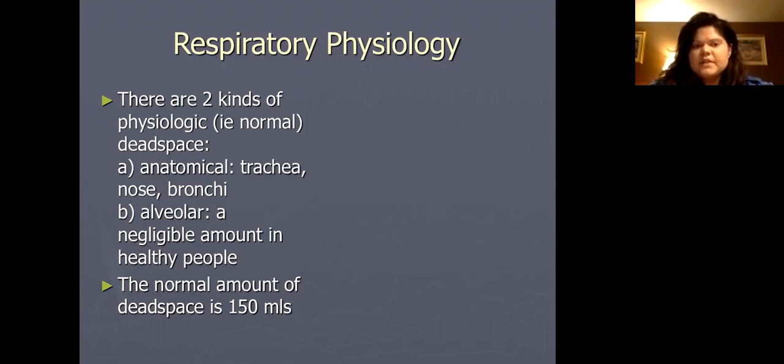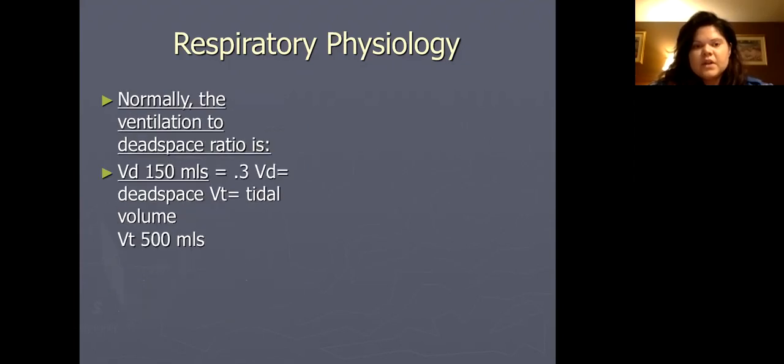There are two kinds of physiological dead space: anatomical, which are things such as your trachea, your nose, and your bronchi, and then alveolar, which is a negligible amount in healthy people. The normal amount of dead space is minuscule. It's about 150 mils, but it is relevant.